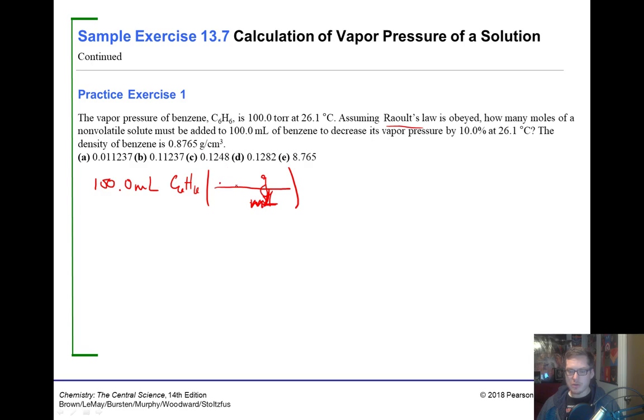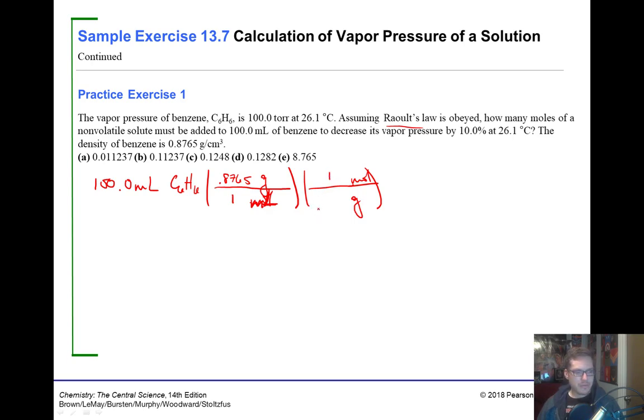And remember, centimeter cubed is the same as milliliters, so we have 0.8765 grams for every 1 centimeter cubed. And then we're going to go from grams of benzene to moles of benzene.